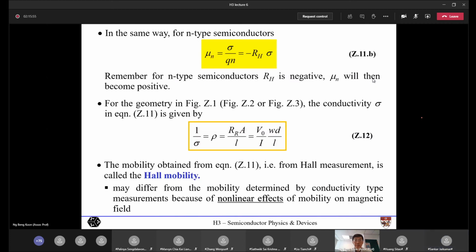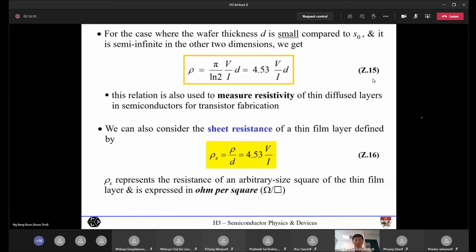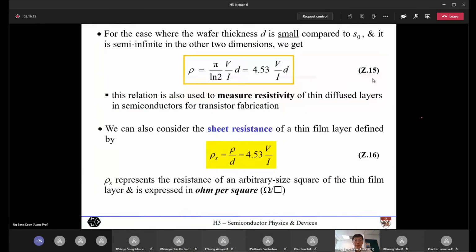The conductivity measurement is essentially where you do a resistance measurement. In fact, from the 4-point probe experiment, other than finding the resistivity and the concentration of the majority carrier, we can also find out the mobility of the carriers.